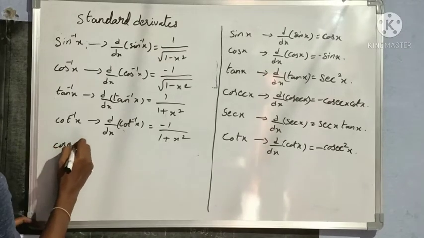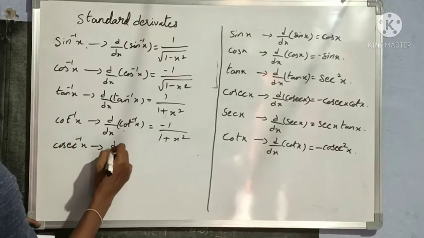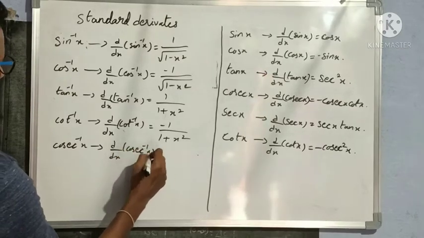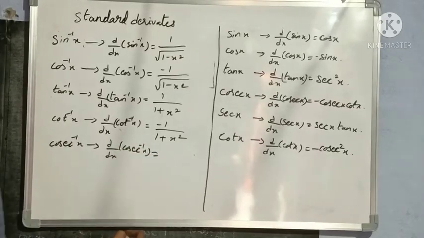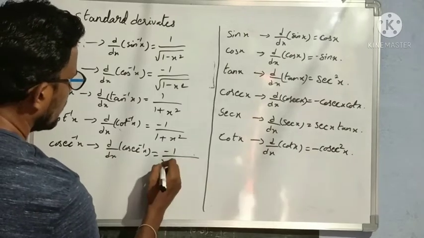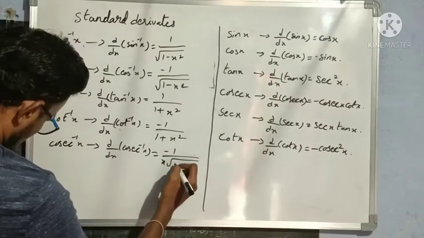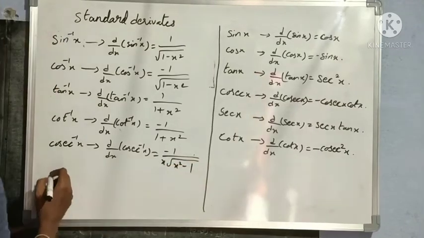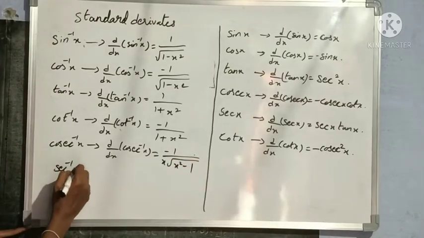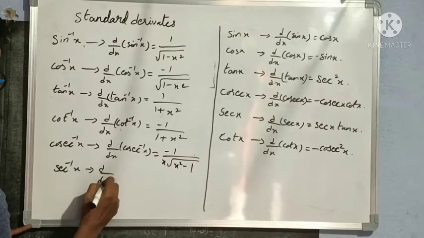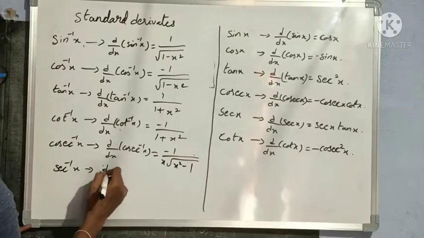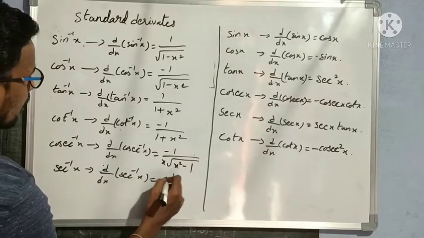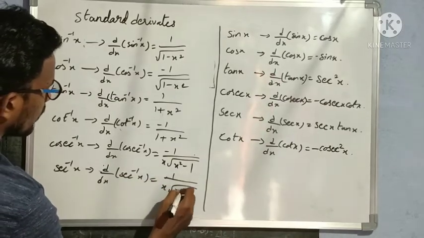Cosecant inverse x: d by dx of cosecant inverse x is equal to minus 1 by x into root of x square minus 1. Secant inverse x: d by dx of secant inverse x is equal to 1 by x into root of x square minus 1.